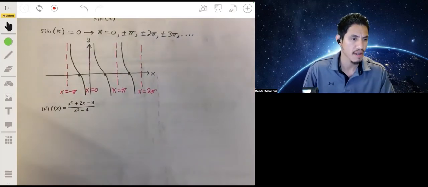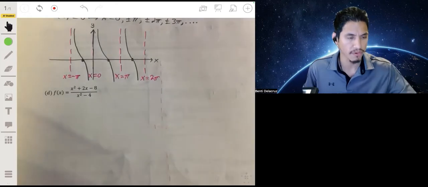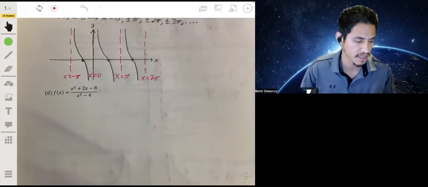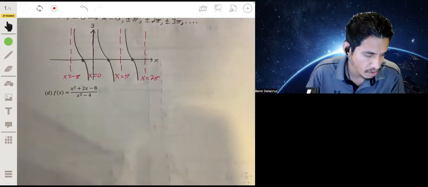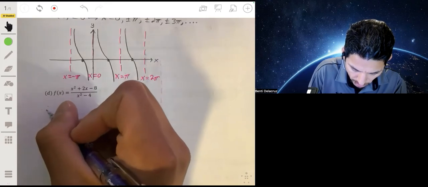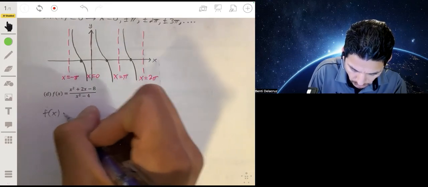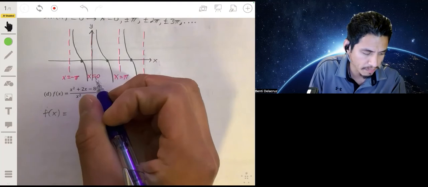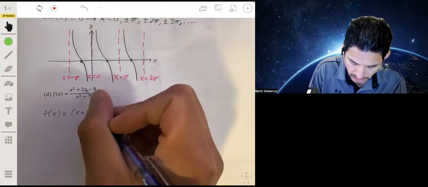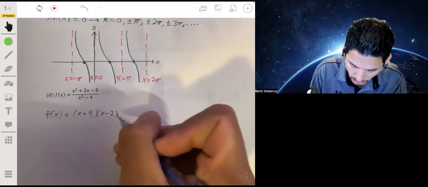All right, now here for D, here's an example of when you can actually do something with a function to change it. So you can factor the numerator into x plus 4 times x minus 2.